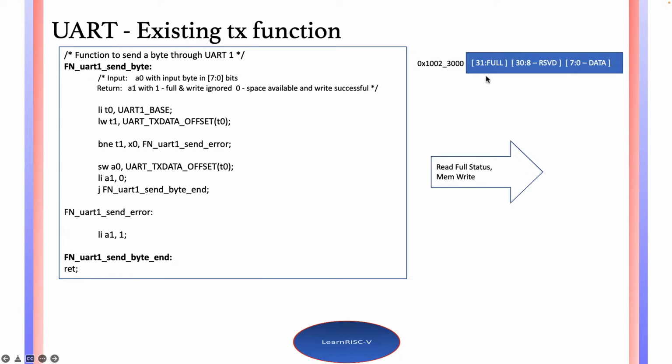If you see the description of the UART TX register, it has 3 segments. The last 8 bits are the data that has to be written to transmit, and the rest, except 1, are reserved.